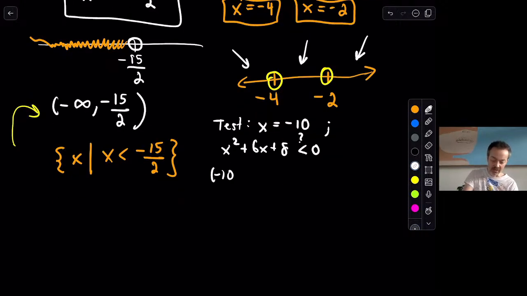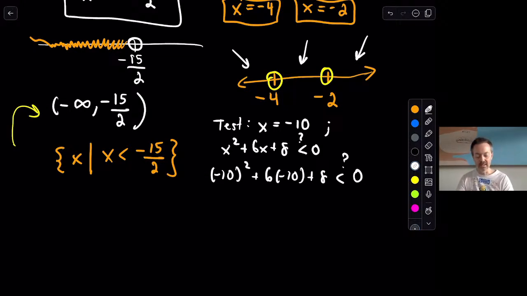Well, -10 squared plus 6 times -10 plus 8. Is that going to be less than 0 is the question. And I think no, because -10 squared is going to be 100. And then 100 minus 60 plus 8, that doesn't work. So what that means is numbers less than -4, none of those are going to satisfy that inequality.